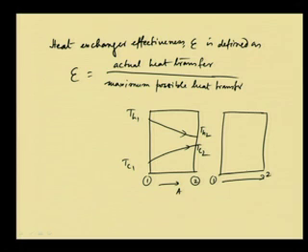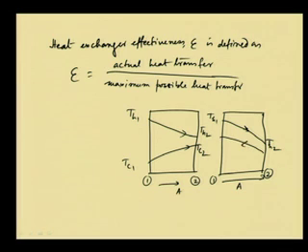So, you can see it is like this. This is TH1, this is TH2, this is TC2 and TC1. In this case this is the parallel flow, and this is counter flow.